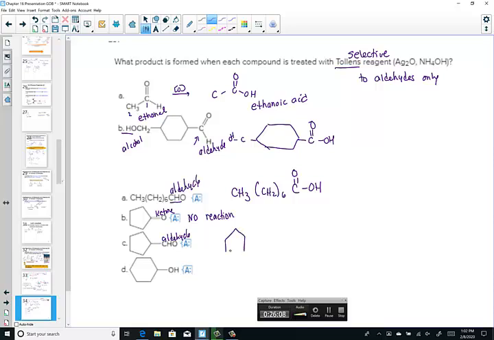Aldehydes are oxidized by Tollens reagent into a carboxylic acid. And this is an alcohol, and we know that alcohols can be oxidized by, let's say, potassium dichromate, but they will not be oxidized by Tollens reagent. So no reaction for the alcohol.